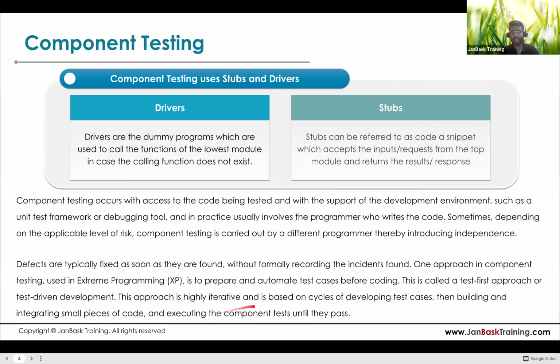This is highly iterative. In each iteration the tests will be executed, and we'll see how many are passing, because the higher the percentage of passing tests, the closer we are to the completion of the software development, right? Okay.